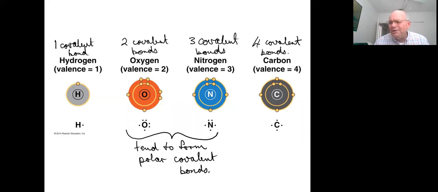Carbon and hydrogen tend to form non-polar covalent bonds with each other because although they may be slightly different in electronegativity, and remember electronegativity is what determines the nature of the covalent bond, they are so close in terms of electronegativity that the bonds are, for all intents and purposes, non-polar.